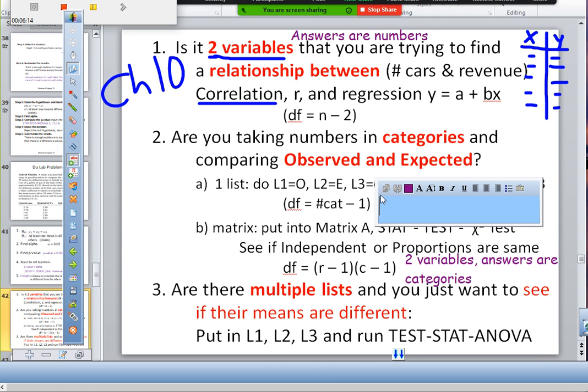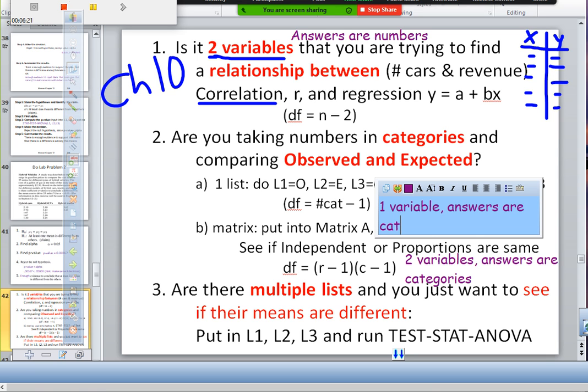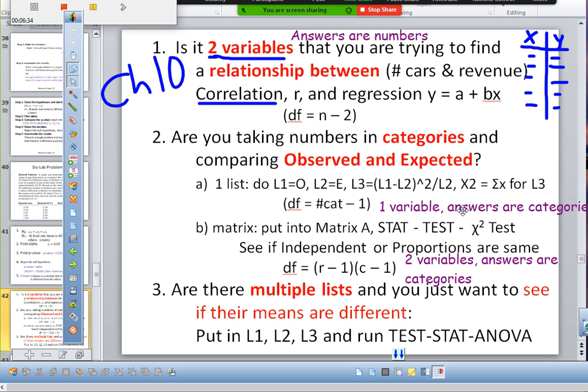So this is one variable. Again, answers are categories. Or we might have two variables where, again, the answers are categories. Either way, with a chi-squared, my answers are categories.